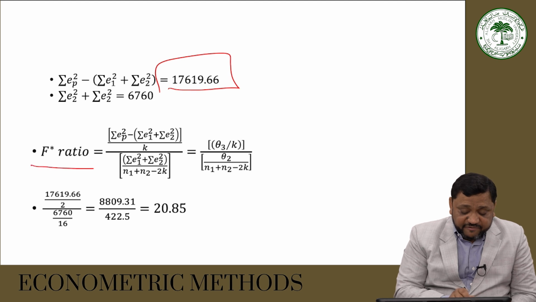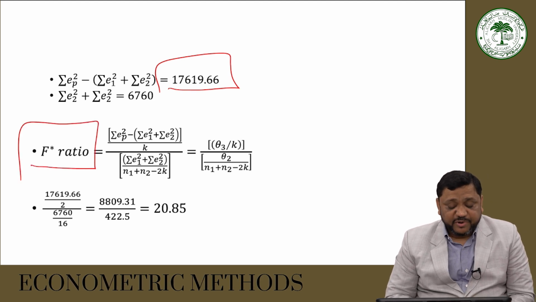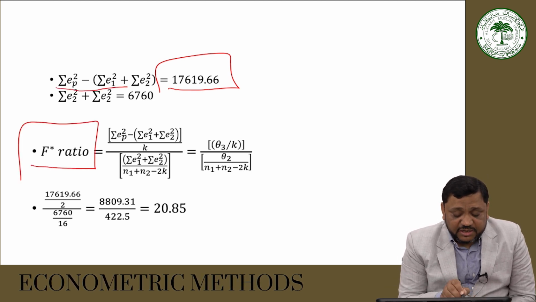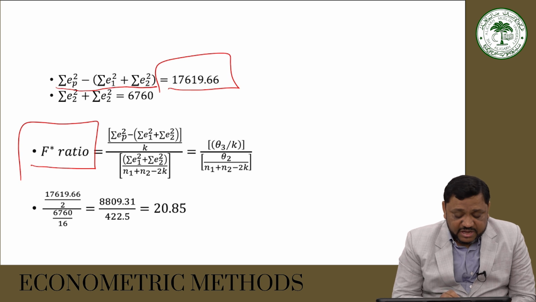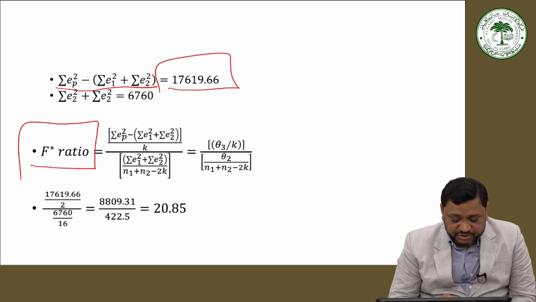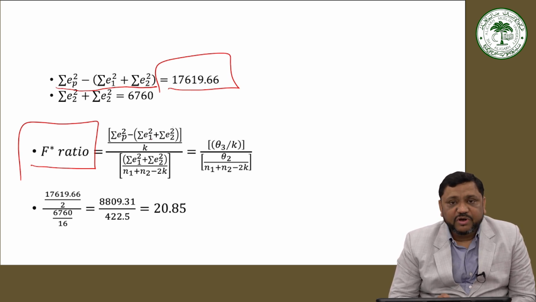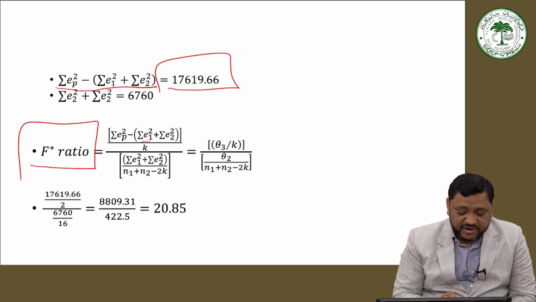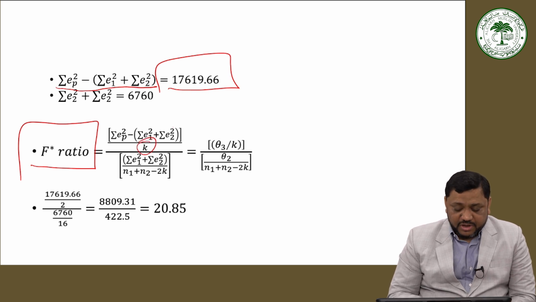Now the F ratio is given by the formula. In the numerator, we have summation e square of the pooled regression minus, within brackets, summation e square of the first sample plus summation e square of the second sample, divided by k.